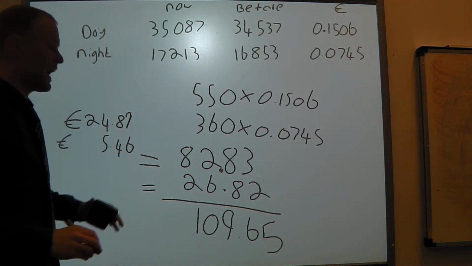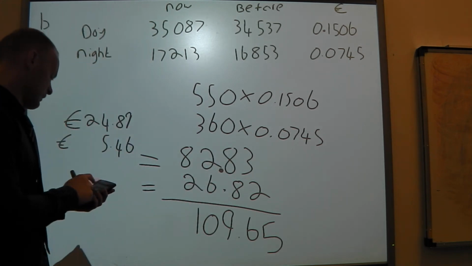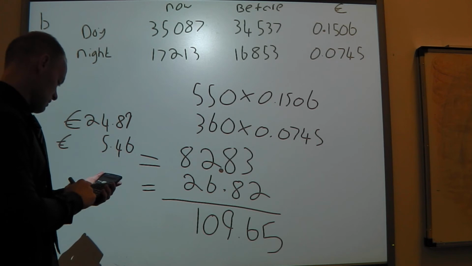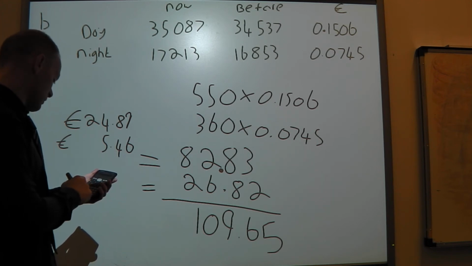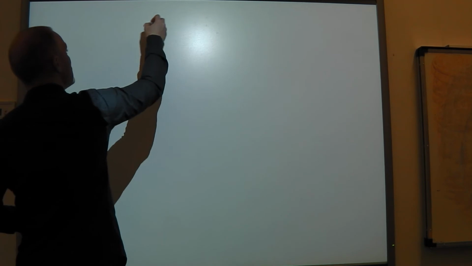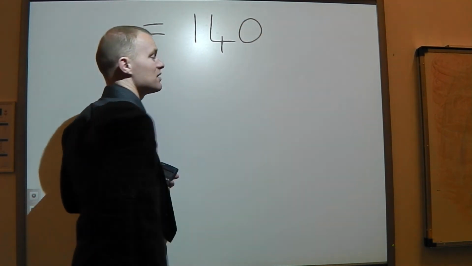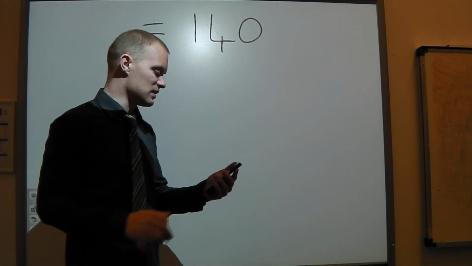Now what we're going to do is we're going to add all these charges up and then we're going to apply the VAT rate after that. So if we add 109.65 plus 24.89 plus 5.46 equal to 140. So his total bill before VAT is going to be equal to 140. That's the two charges plus the unit prices.